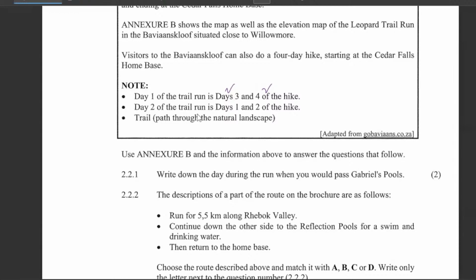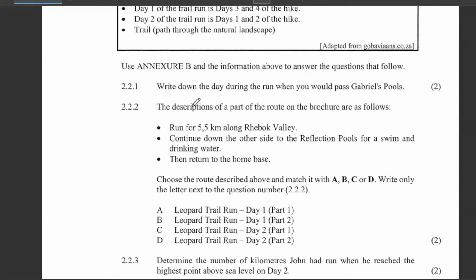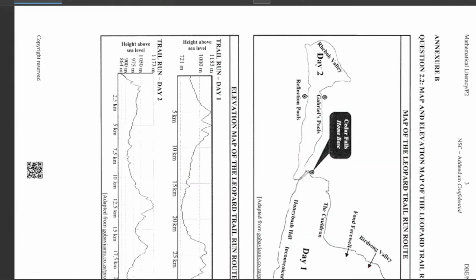The trail passes through the natural landscape. Anyway, write down the day during the run when you will pass Gabriel's Pools. Take note of that. So we go to the next page.